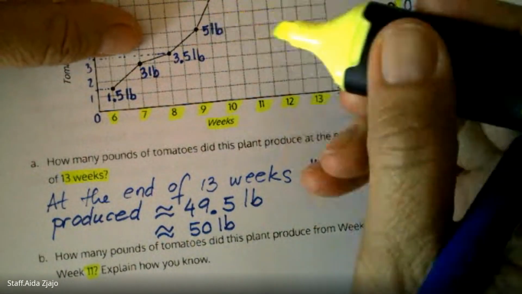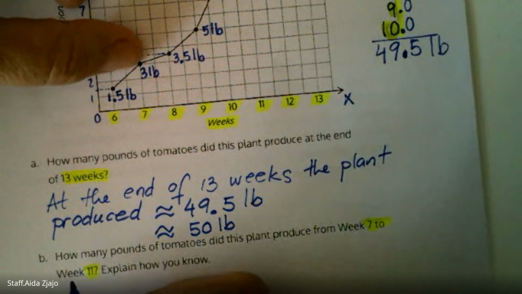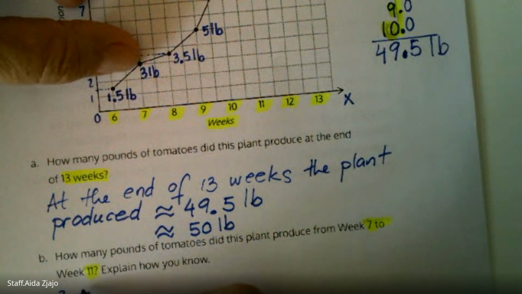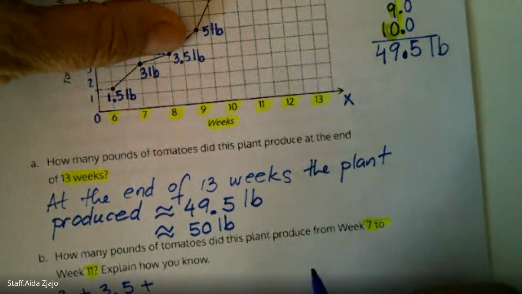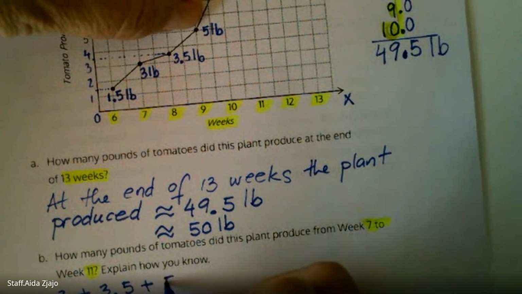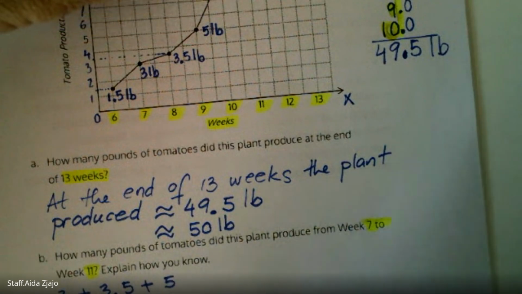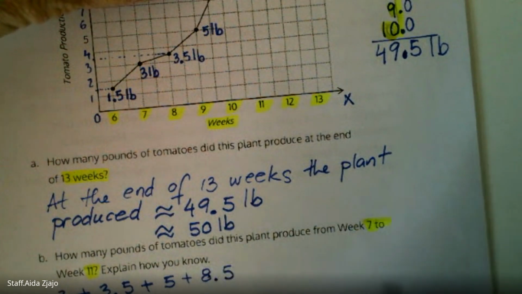So 7 was 3 pounds plus 8 was 3.5 plus 9 was 5 pounds and 10 was 8.5 pounds.